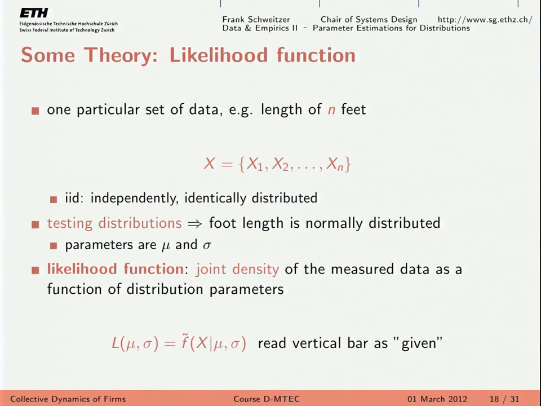So you should read this tilde f as a function like, given that I have the observations x1 to xn, what is the mu and the sigma that likely describes this set of observations, right? Under the assumption that it's normally distributed. That's not mentioned here, but that's another example, right? So this is how you read this. So that's the likelihood function.